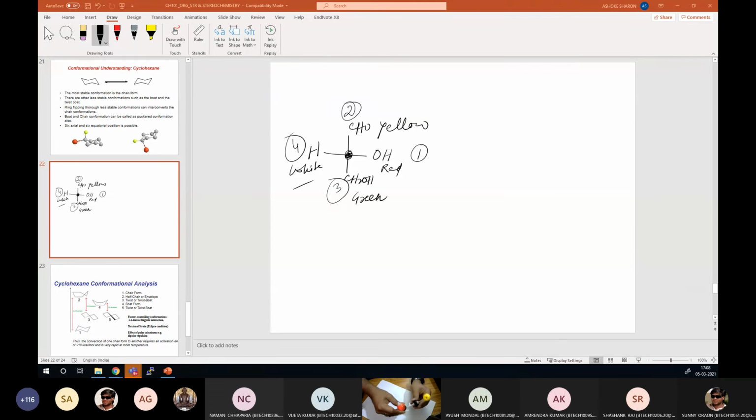So we need to understand the conformer with the help of the dihedral angle. I hope you are able to understand how we can change the dihedral angle and get the different conformers.